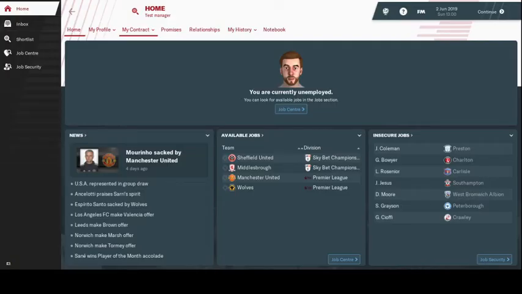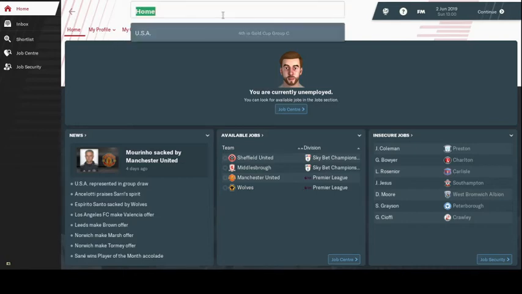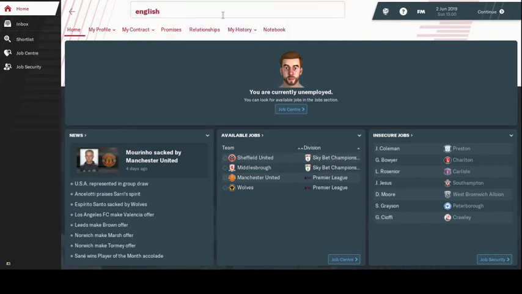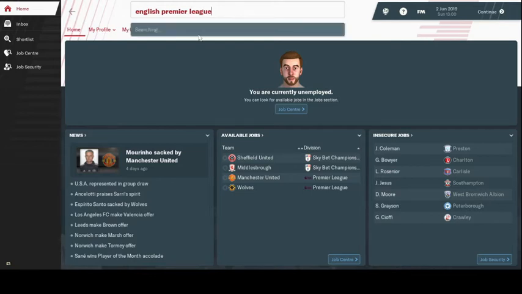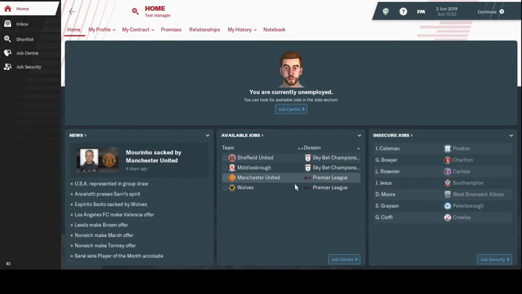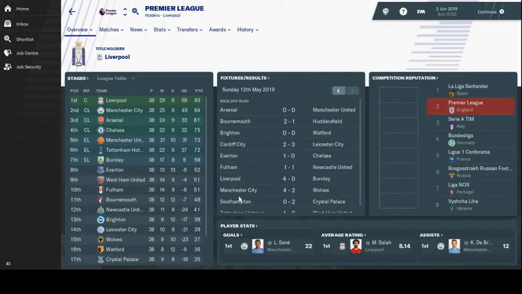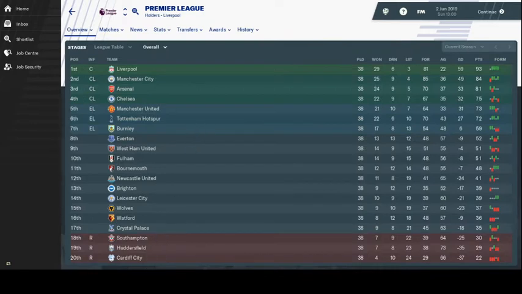Now we have finished our simulation. Let's see how the league fares. Let's go to the English Premier League. We see from this table that the results are a bit different, but the standings on top are almost the same as the ones we were targeting.